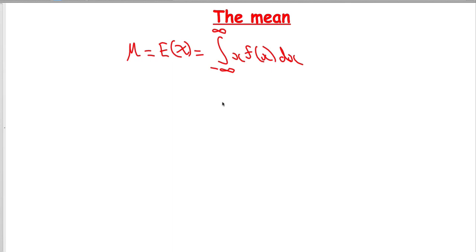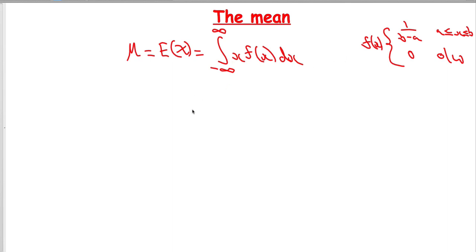And f of x for a continuous uniform distribution is 1 over b minus a between a and b, and 0 otherwise.